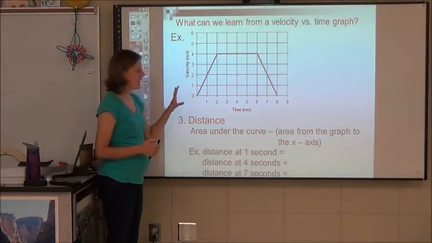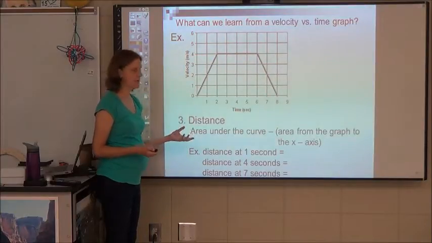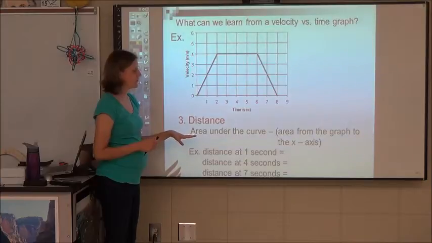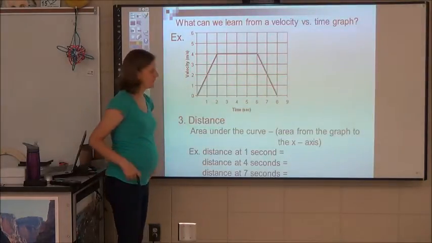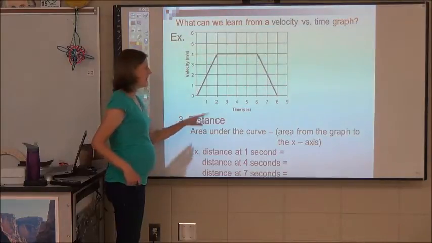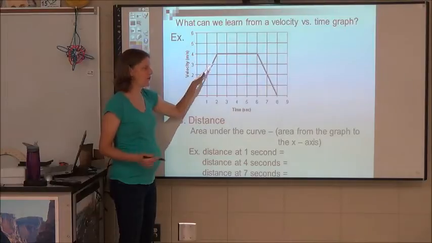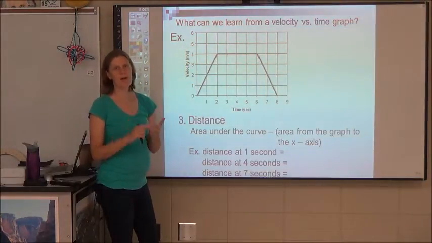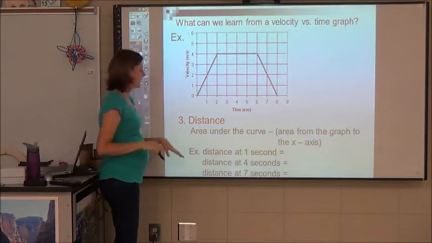All right, now on a velocity graph, we can also ask distance information, and we can get that from area under the curve, which is another calculus term that's really integration. But area under the curve of nothing with a curve is easy to do. As long as we know how to do area of a square and area of a triangle, we should be fine.